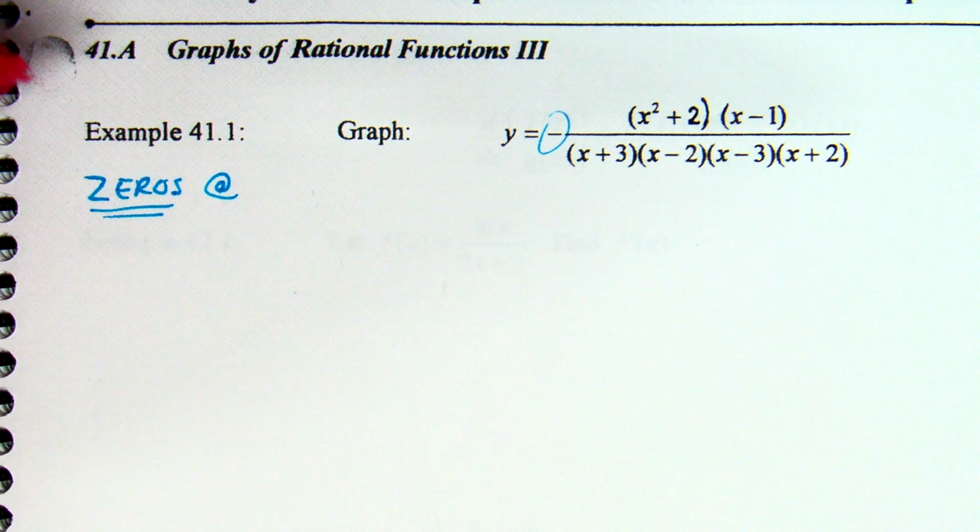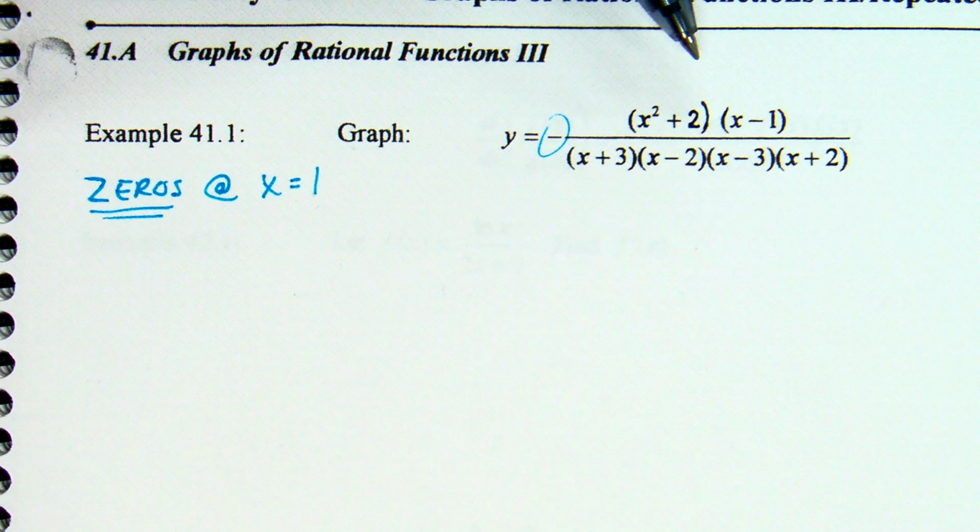If you solve x squared plus 2 and set that equal to 0, it becomes x squared equals negative 2. And so then x equals plus or minus the square root of negative 2. And so square root of a negative, we are now all of a sudden talking about imaginaries. Okay, we're only worrying about real zeros. So, the only physical 0 we're going to see is x equals 1.